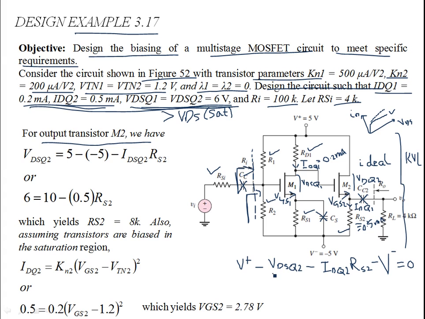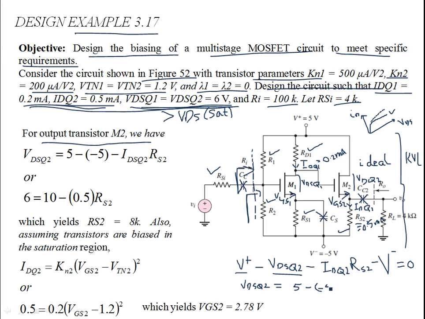All we know is what is VDSQ2, but this is required. Let's bring this to the other side of the equation where the 0 is, and rearrange the terms. I know what V positive is, that's 5 volts. And then minus V negative is minus 5.